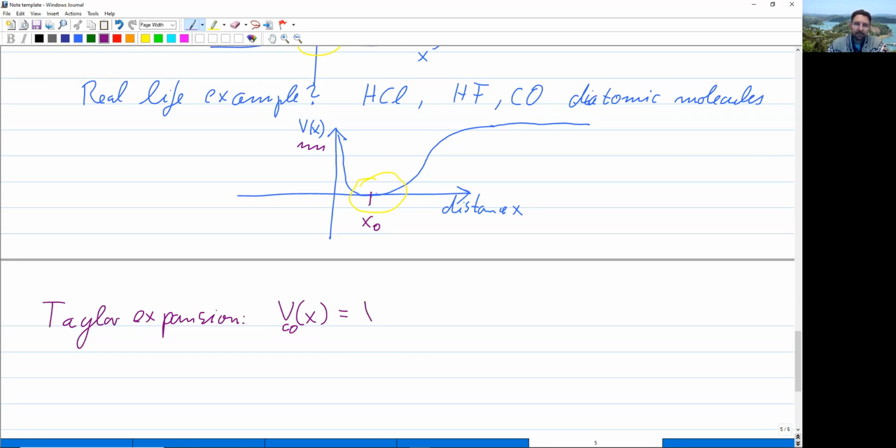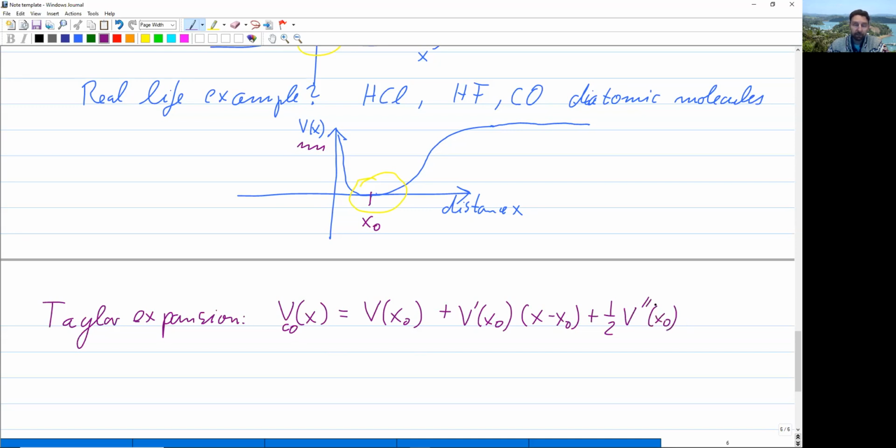So by Taylor, it's the value of the potential at the equilibrium point, plus the first derivative, dV by dx, let's write V prime, evaluated at x naught, times x minus x naught, plus 1/2, this is the quadratic Taylor coefficient, the second derivative at x naught.